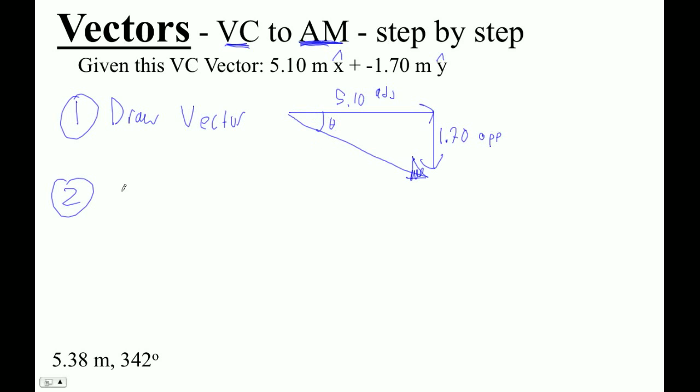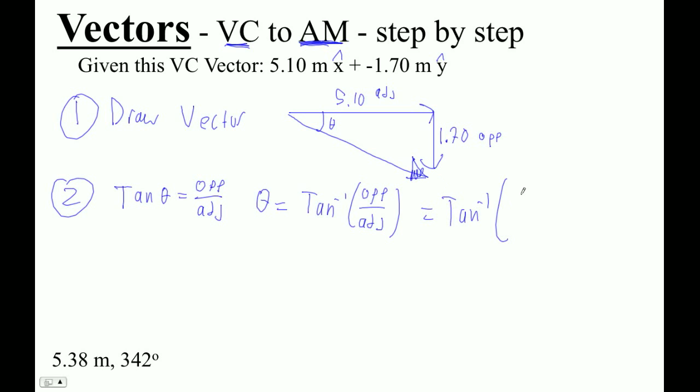So remember that the tangent of that angle is the opposite, right, over the adjacent. This is from SOHCAHTOA. So therefore, that angle is the inverse tan of the opposite over the adjacent. Okay? So I'm going to use the inverse tan function.